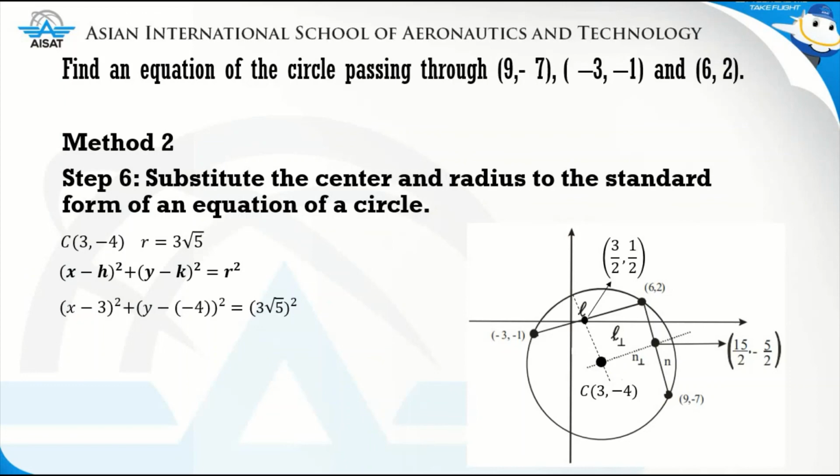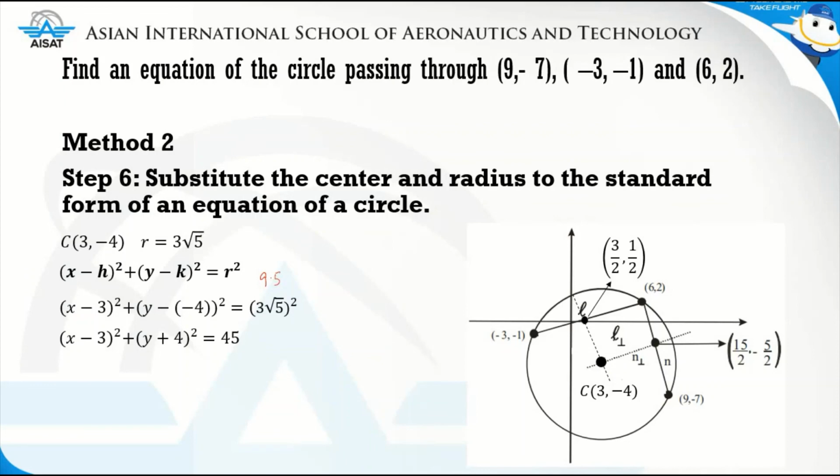So we'll have (x minus 3) squared plus (y plus 4) squared is equal to, here we'll have square of square root of 5 is 5, square of 3 is 9, so 9 times 5, that is 45. So this is the standard equation of the circle.